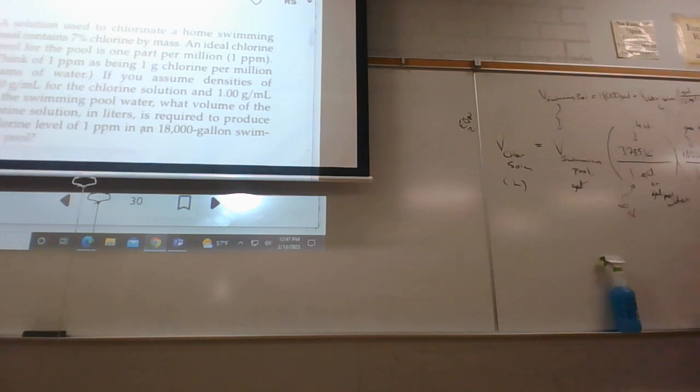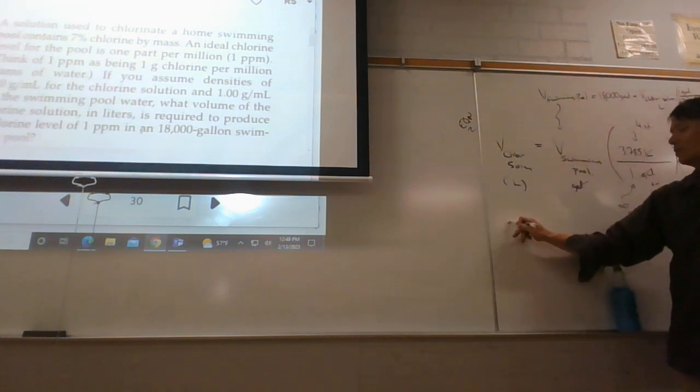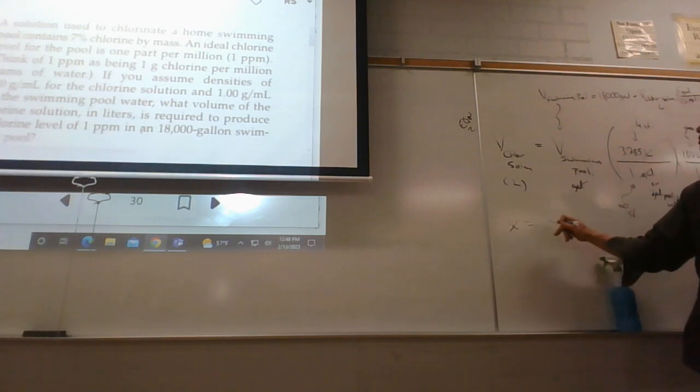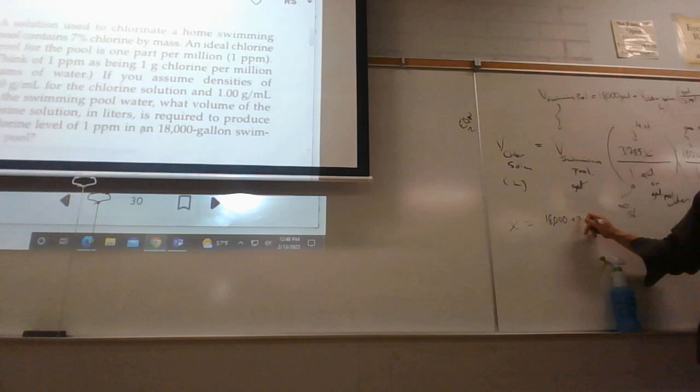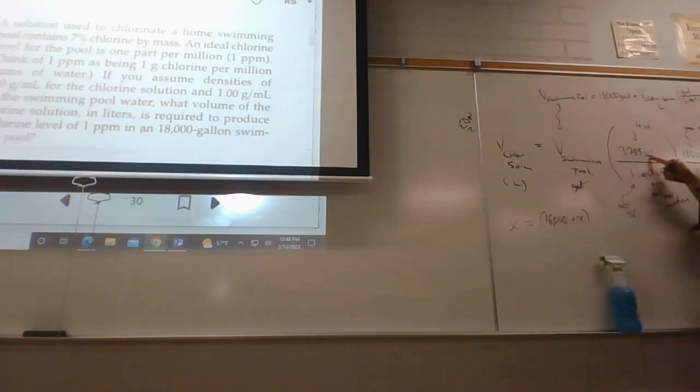And so I'm going to substitute this, and I'm going to call this X, and solve for X here. So X is equal to 18,000 plus X. Then I'm going to just use the numbers.